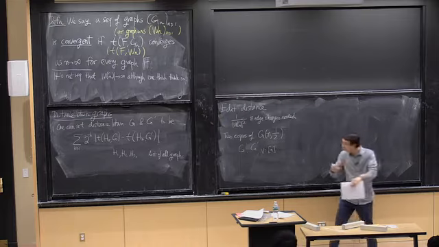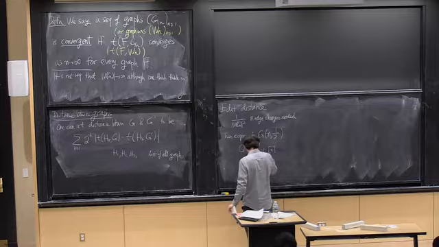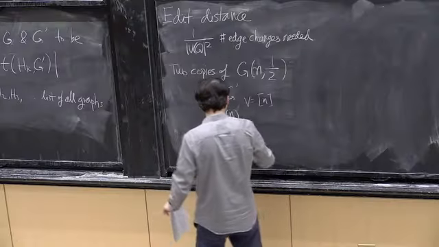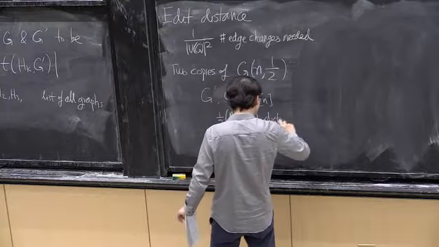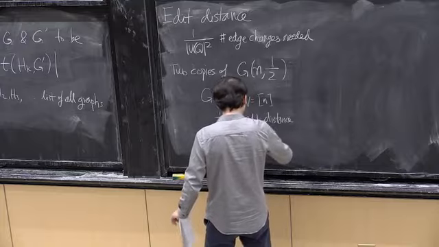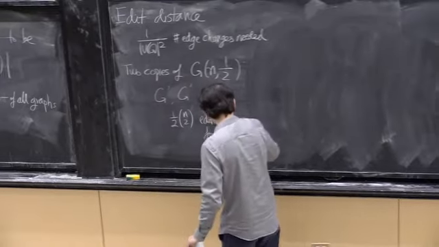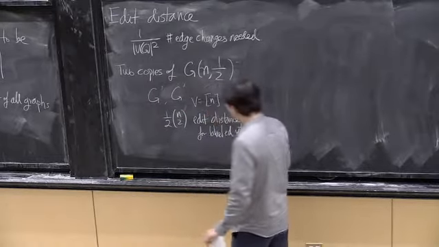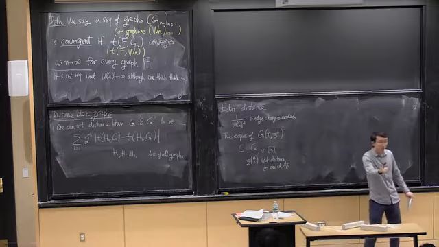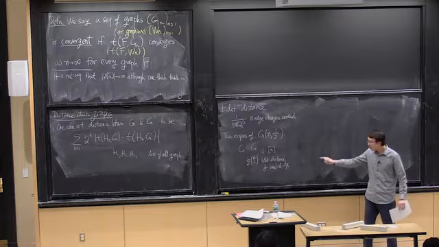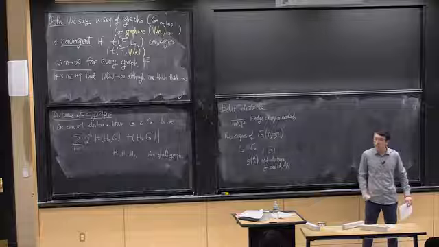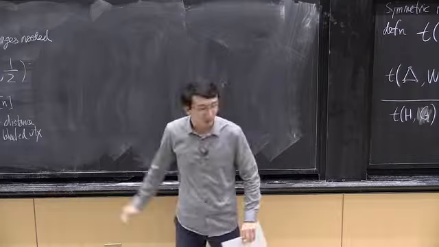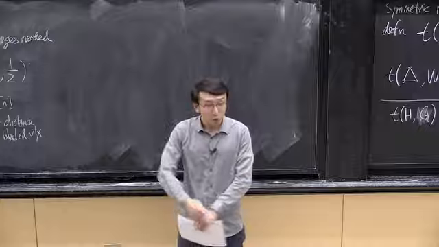Well, I need about 1/2. So 1/2 the time, I'm going to have a wrong edge there. Now, you can make this number just slightly smaller by permuting the vertices, but actually you will not improve that much. It's still going to be roughly that edit distance, which is quite large.